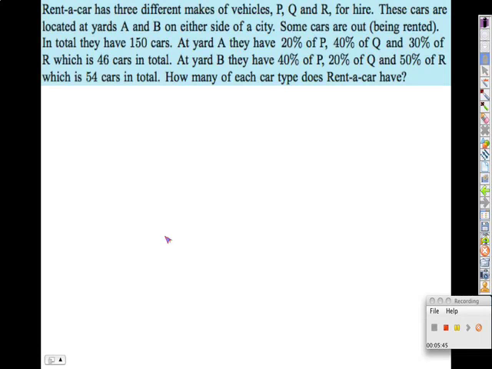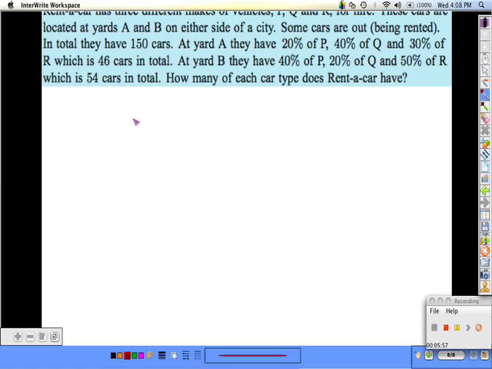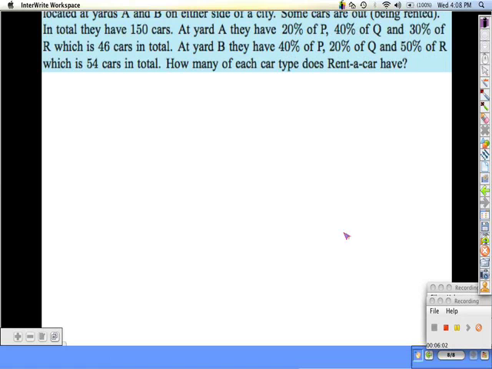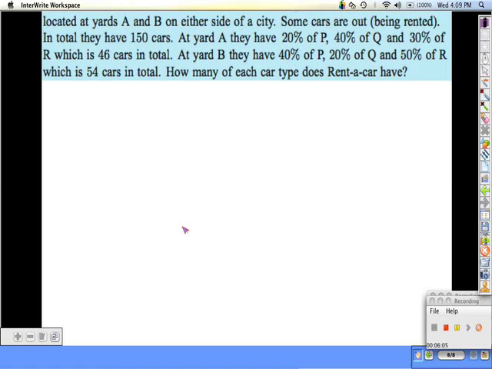So here is a word problem. It has three different makes of vehicles, P, Q, and R. They're located at yard A or B on either side of a city. And what we want to do is write down some equations that relate these variables.